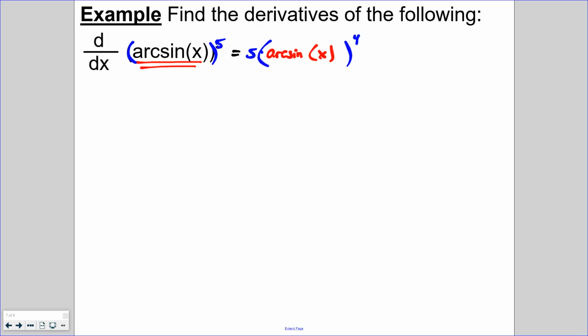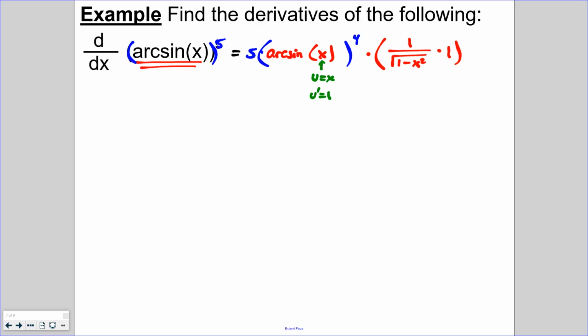And that's where today's lesson comes into play, because what is the derivative of arcsine of x? Here, x is our u value. u is equal to x, so u prime will be equal to 1. Therefore our derivative is going to be 1 over the square root of 1 minus x squared times 1.